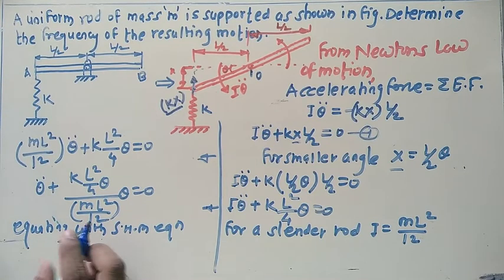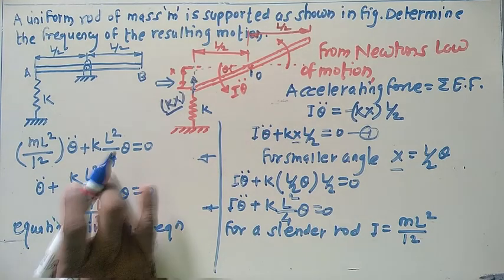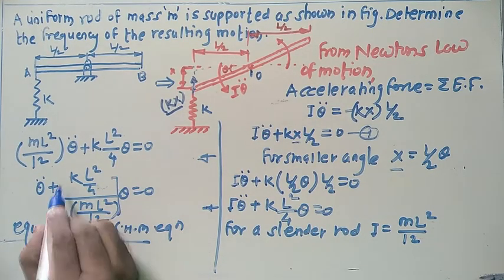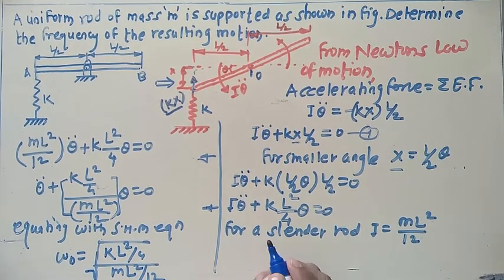Instead of writing SHM equation again and again, you can just write it in this way, equating with the SHM equation, and write directly omega n equals square root of k L square by 4 divided by ml square divided by 12.